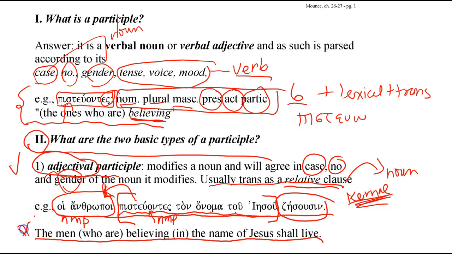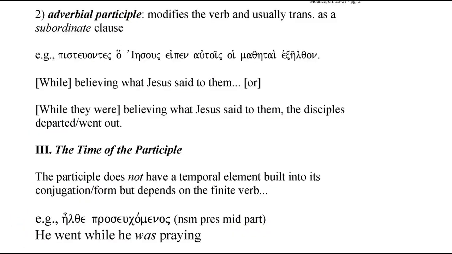That's the translation. And then the second type of participle is what we call the adverbial participle. And this modifies the verb, or acts like an adverb. In Greek, the adverbial participle modifies the verb of the sentence rather than a noun.